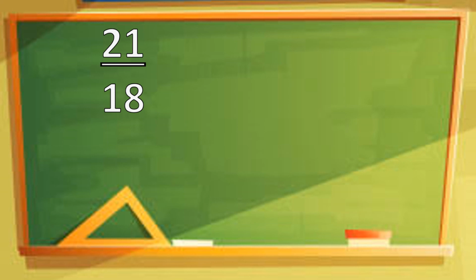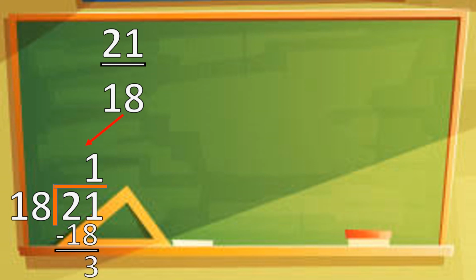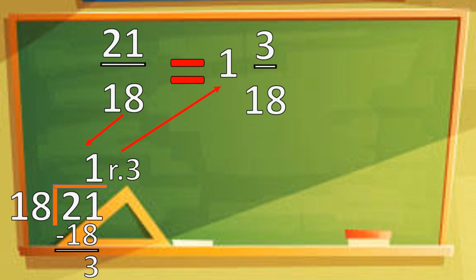To do that, we divide the numerator by the denominator. 21 divided by 18 is 1, and 1 times 18 is 18, so 3 is our remainder. So we will have 1 and 3 over 18.